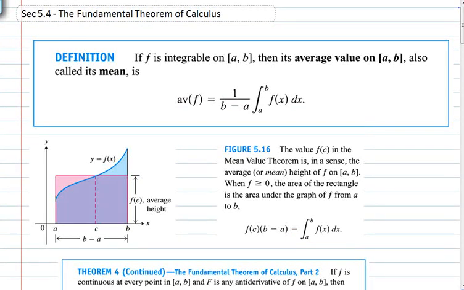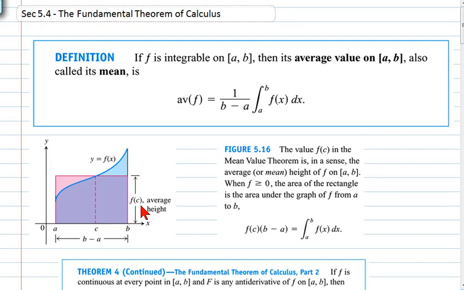Now, what that average value means is there's some point in between a and b so that the area underneath the blue curve ends up being the area of the rectangle found by the average height, f of c.